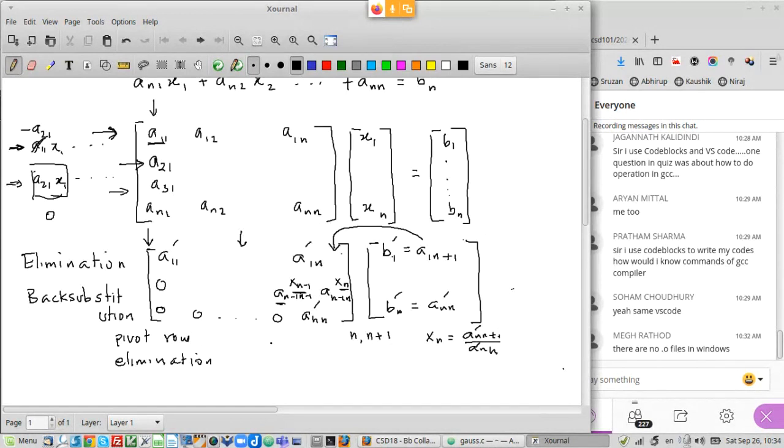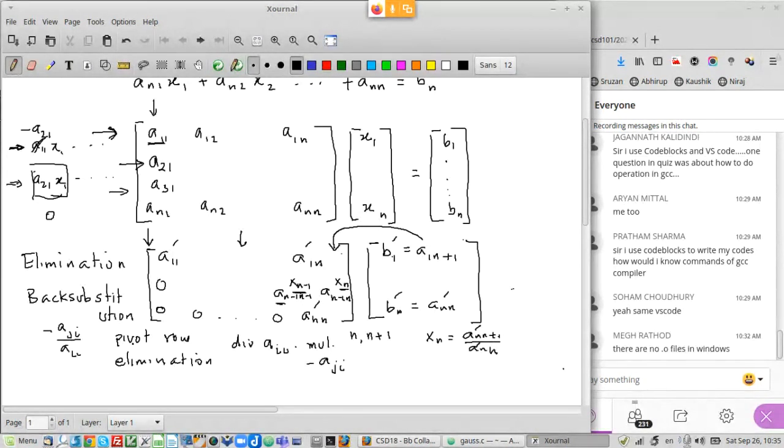So when the ith row is the pivot row and the jth row is the elimination row, you divide the pivot row by aii and multiply the pivot row by minus aji.